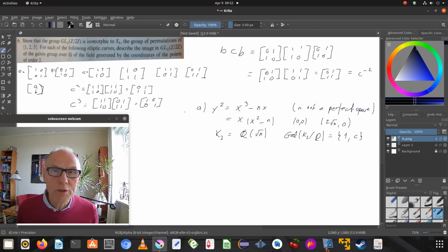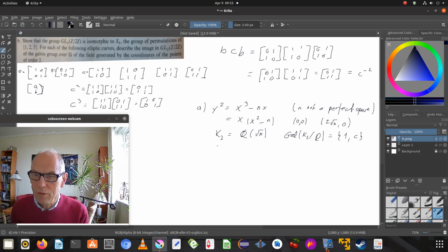Now, what was I going to do? Describe the image. So it may be the exchange, but it may be any one exchanging. So any exchange.